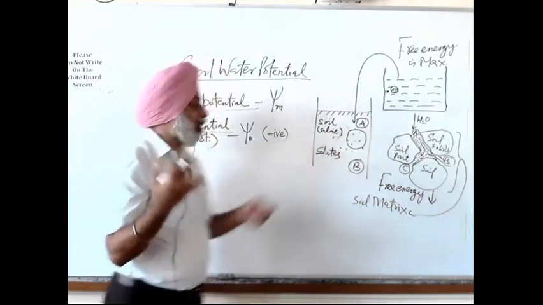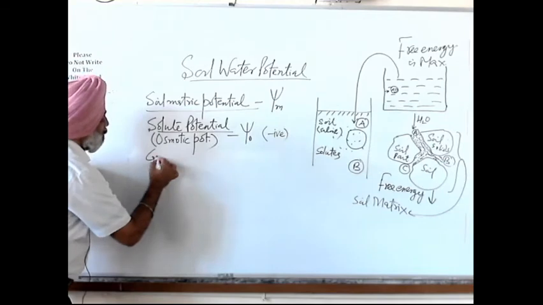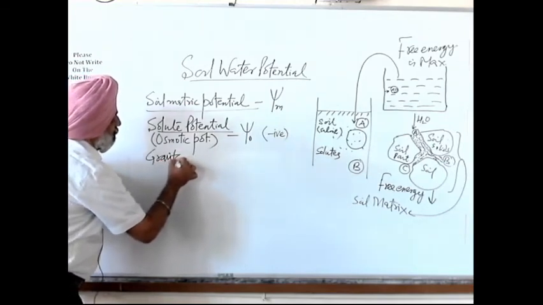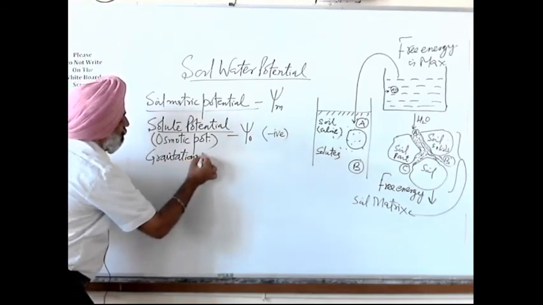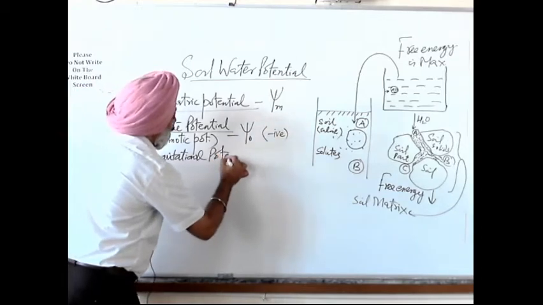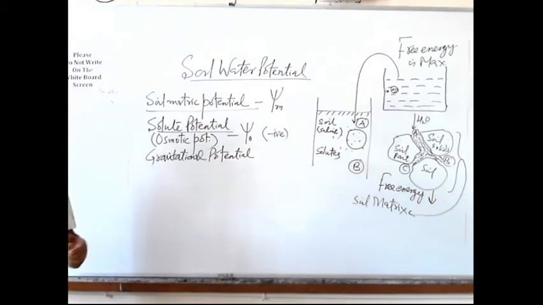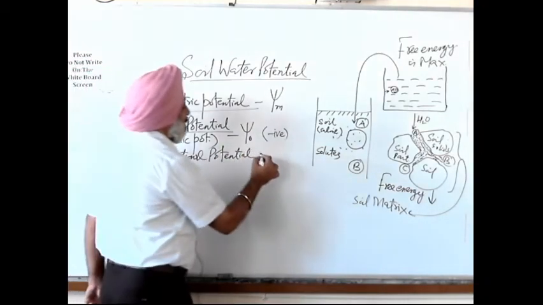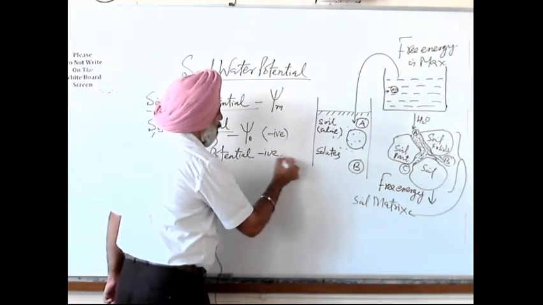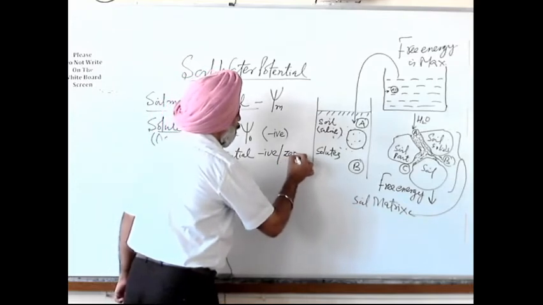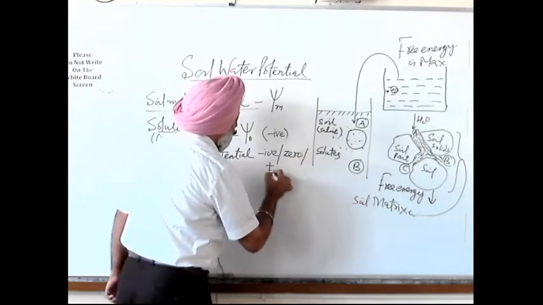So we simply call this gravitational potential. And now if you ask me whether it is positive or negative, I will say that it can be negative, it can be 0, it can be positive.